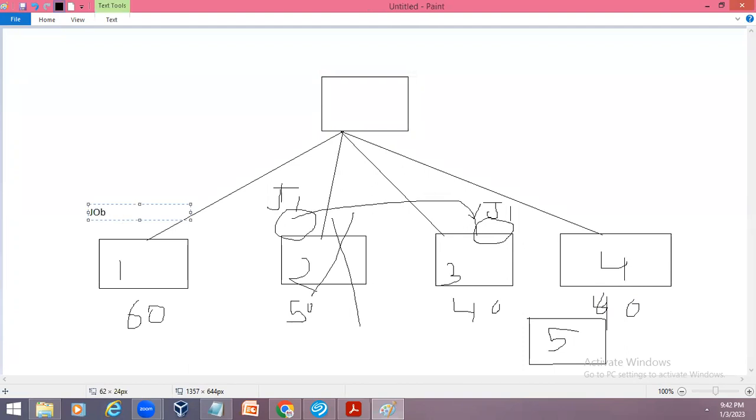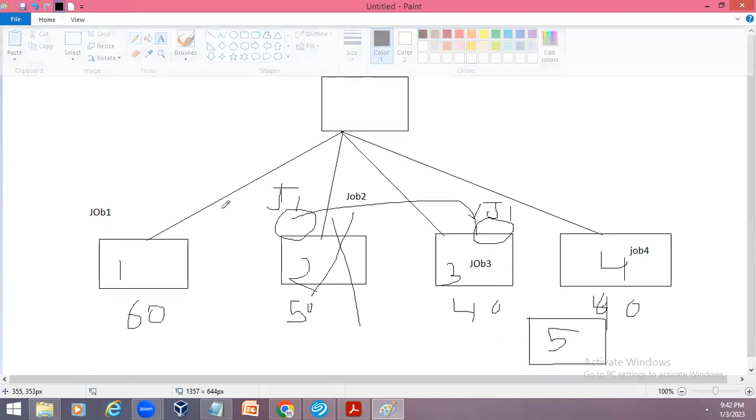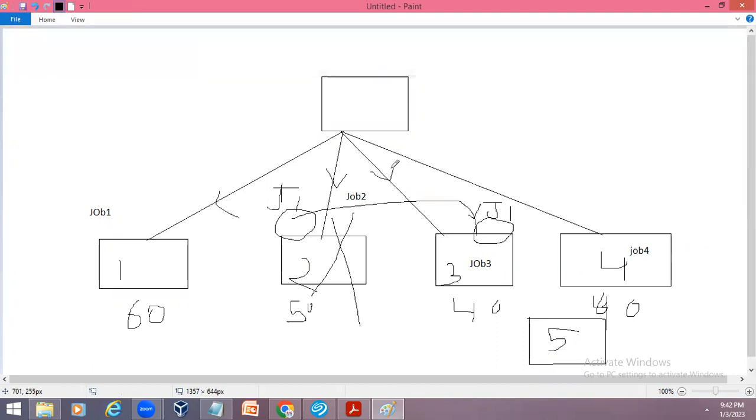Job 1 here, job 2 on the second node, job 3 on the third node, and job 4 on the fourth node. So it will only move the jobs, not the data.